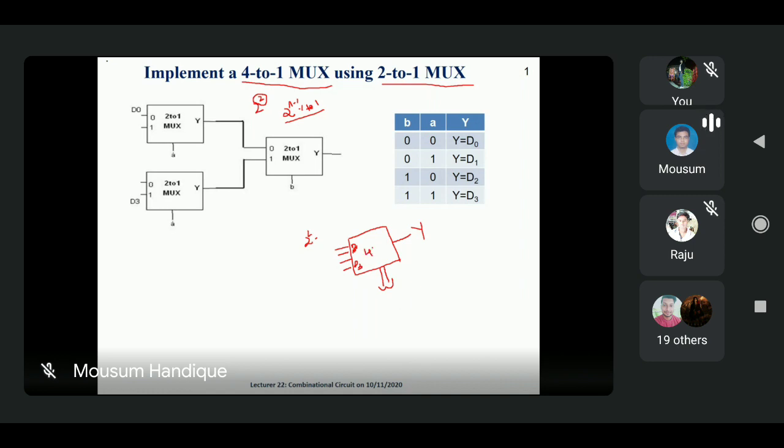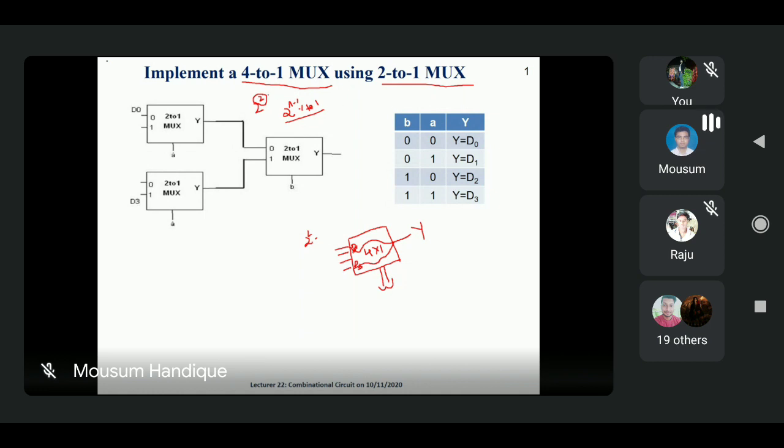Here we are using a 4 to 1 mux, so we use only 2 selection lines. Based on the selection lines, automatically this particular line is propagated to the output, or any of the data lines. So maybe D0, maybe D1, maybe D2, or maybe D3.